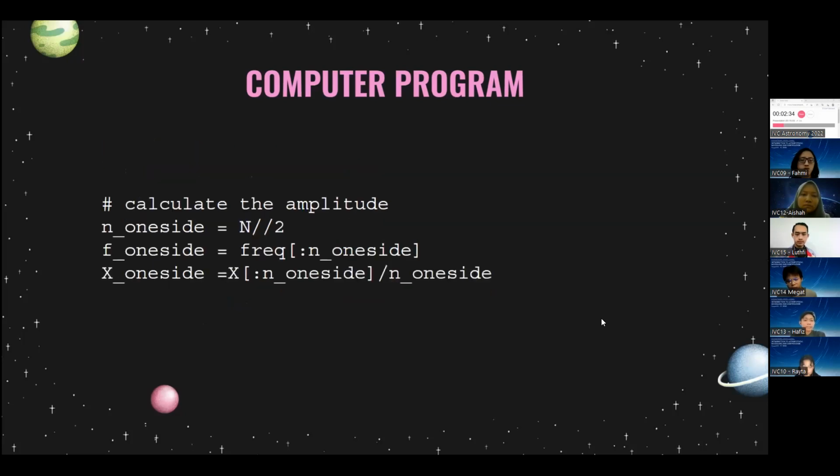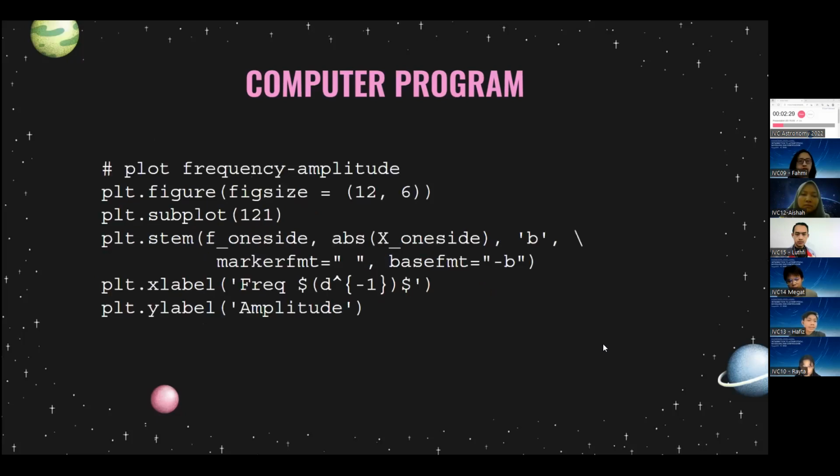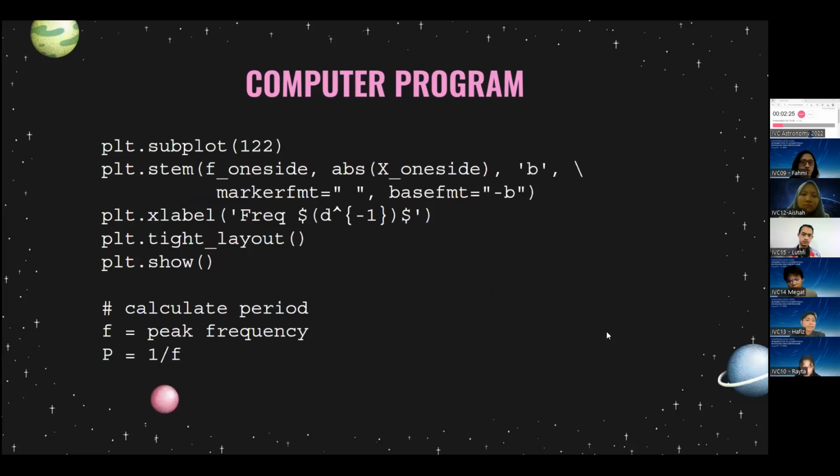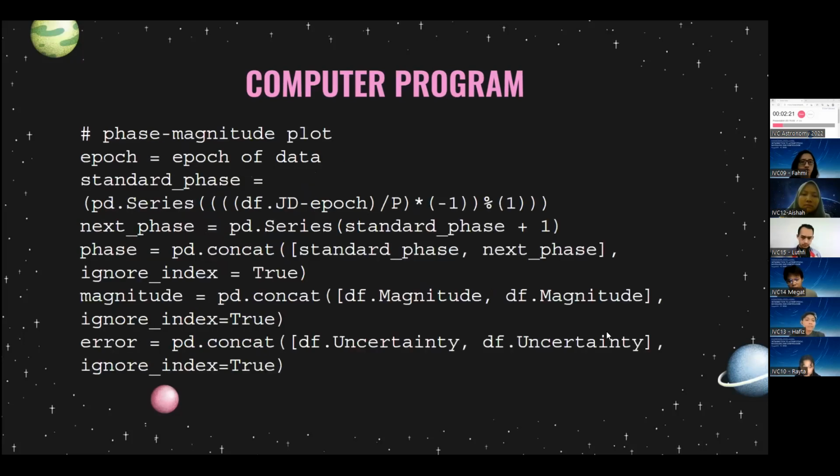Then we calculate the amplitude. Then we plot the frequency-amplitude. After that, we calculate the period from k, and after we get the period, we make the phase-magnitude plot.